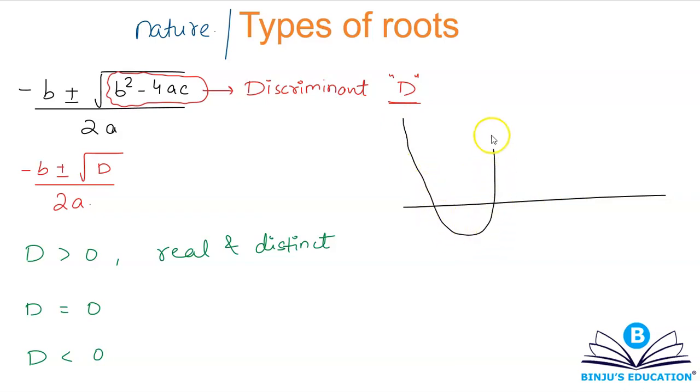Your parabola will be something like this. Basically the point is it's going to intersect the x-axis at two different points. This is what is meant by real and distinct roots.